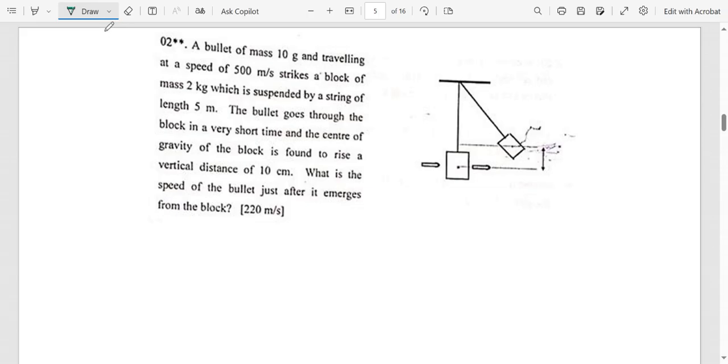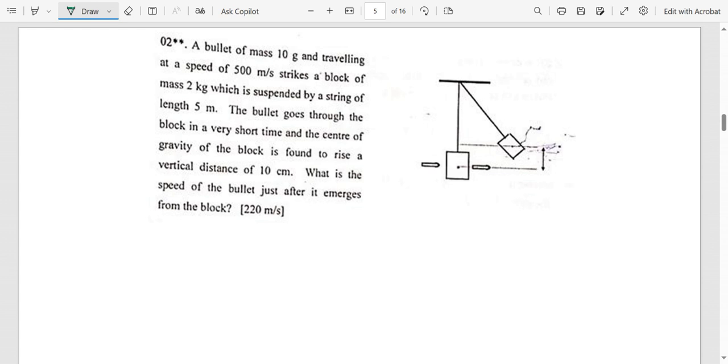Please follow it well. For momentum, you always have the initial point and the final point. This is very, very important. You always look at the initial momentum of each object and the final momentum for each object.